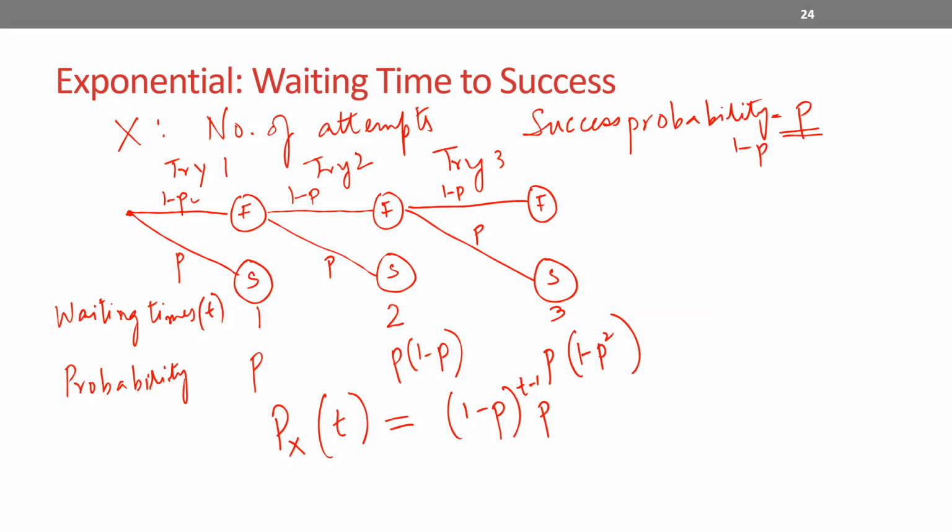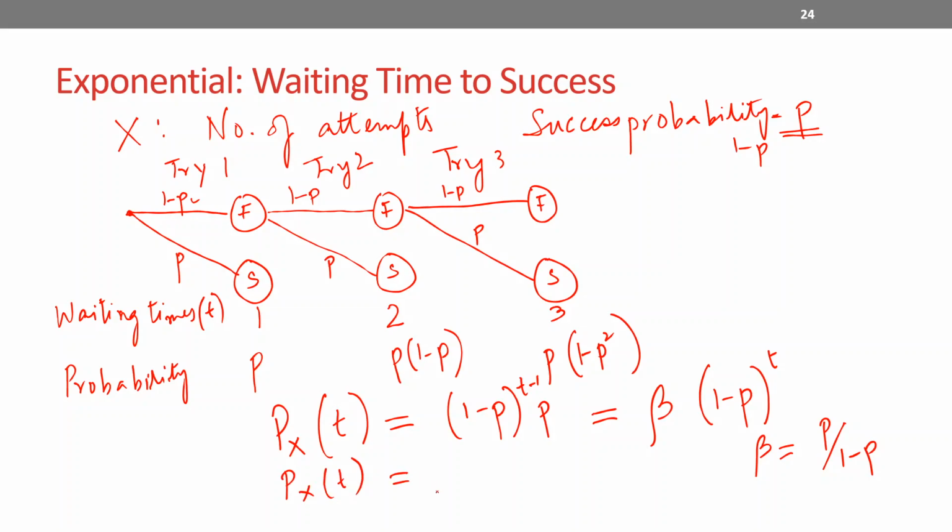A more convenient way of writing this expression is like this. We use a term called beta, and then (1 minus p) to the t, where beta is nothing but p over 1 minus p, right? Or to write it more formally, this is beta times (1 minus p) to the t for t equals 1, 2, 3, and so on until I get success, right?